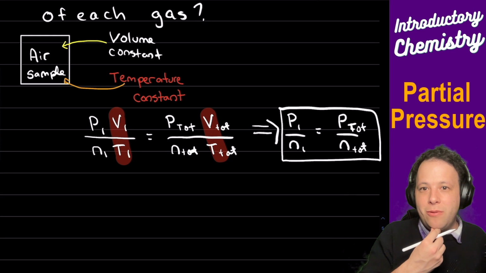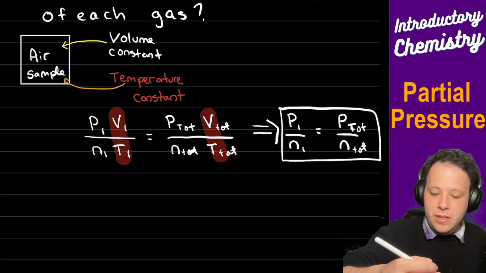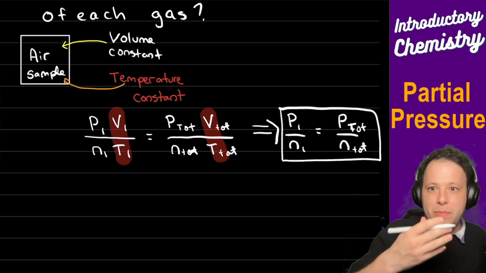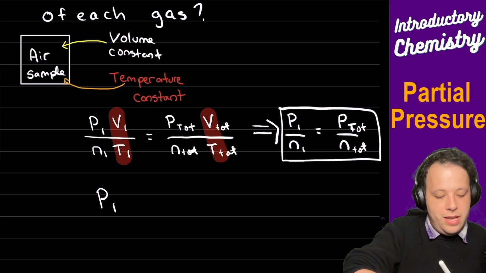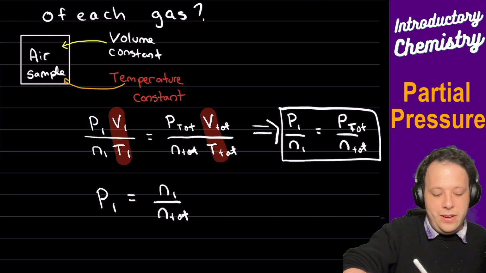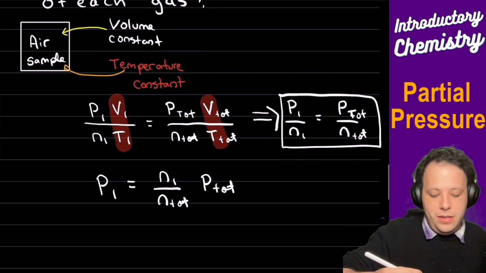Well, if I rearrange this equation where I multiply both sides by N1, N1 will be on the left-hand side, and I'll get N1 over N total times total pressure.